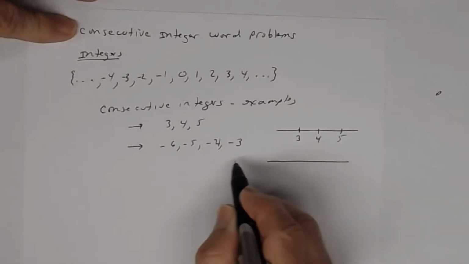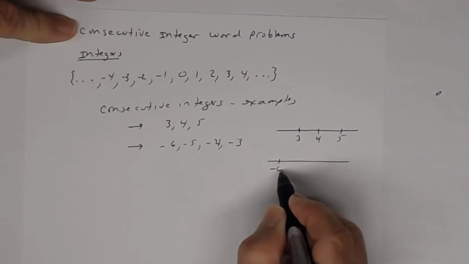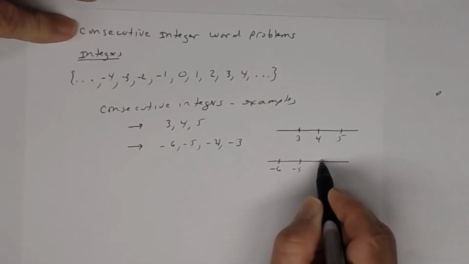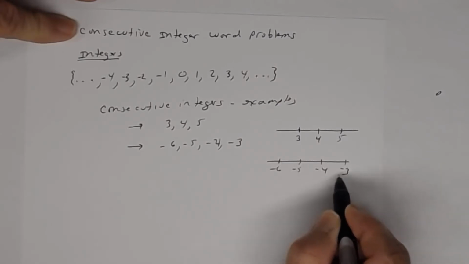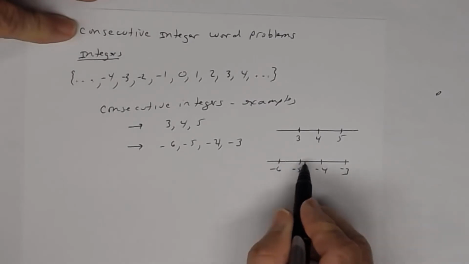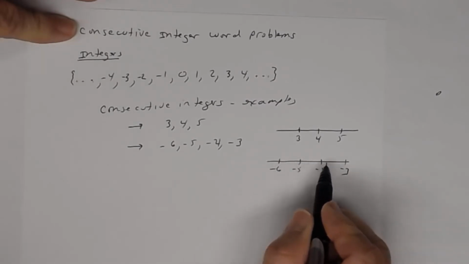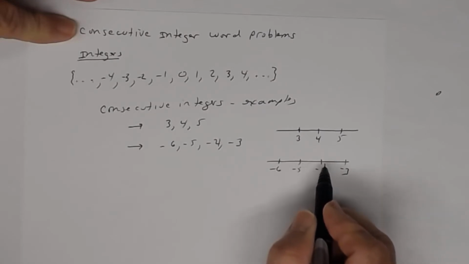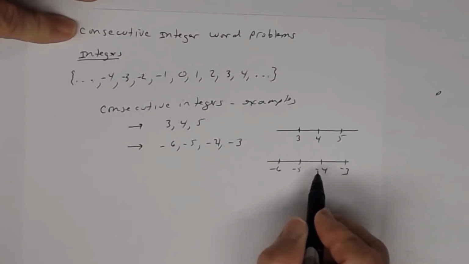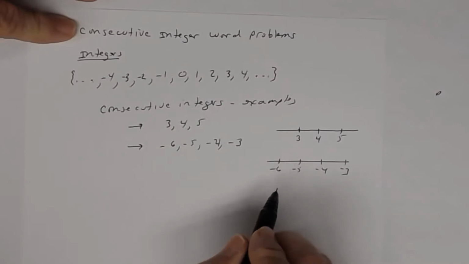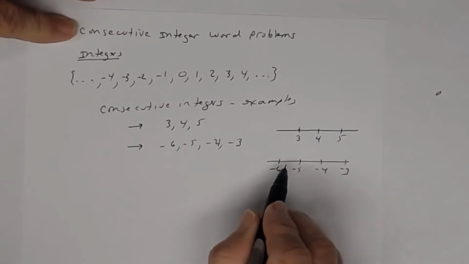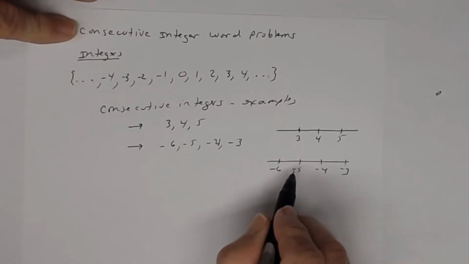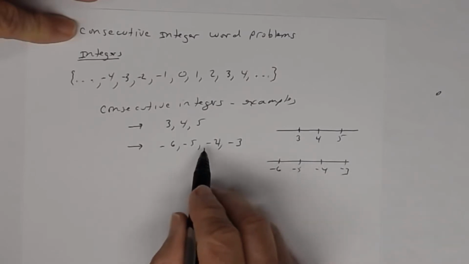These are the consecutive integers, -6, -5, -4, -3. Any other number between those, between -6 and -5, between -5 and -4, and between -4 and -3, are not integers. All right, they're real numbers, but they're not integers. Those are your integers right there that I'm referring to.